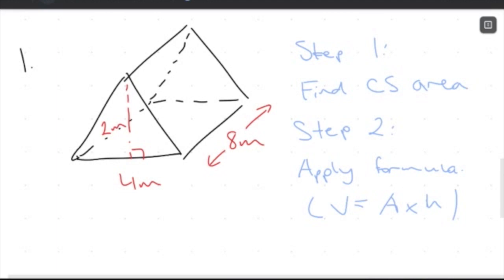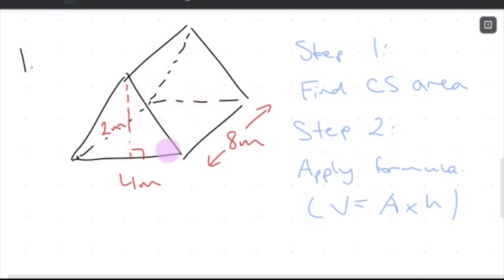So I ask you guys, what do you reckon the face is? Take the cross-sectional area, the identical faces. You can think this over at home. Well, it's not going to be this one here, is it? Because that doesn't go all the way through the shape. It's not going to be this one. That'd be weird. It's not going to be this one either.